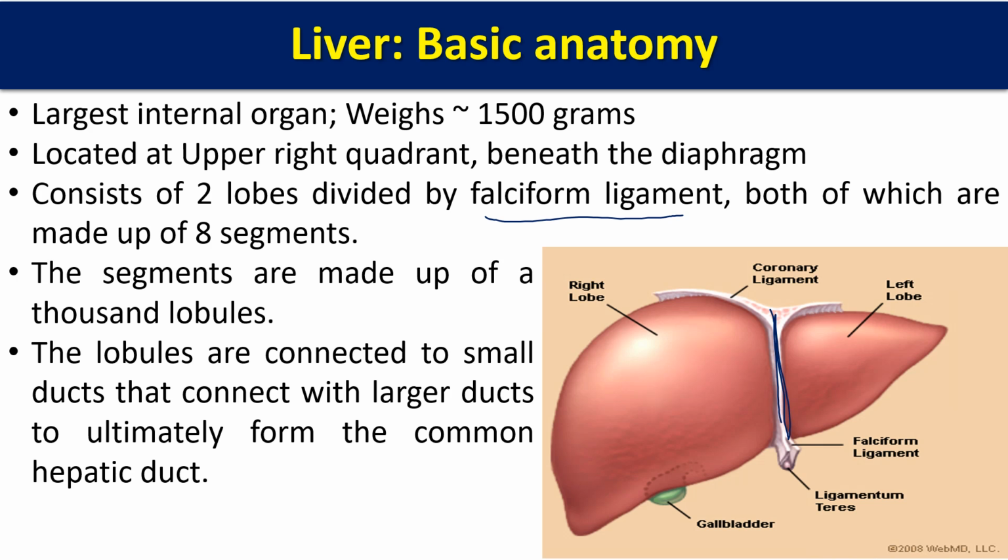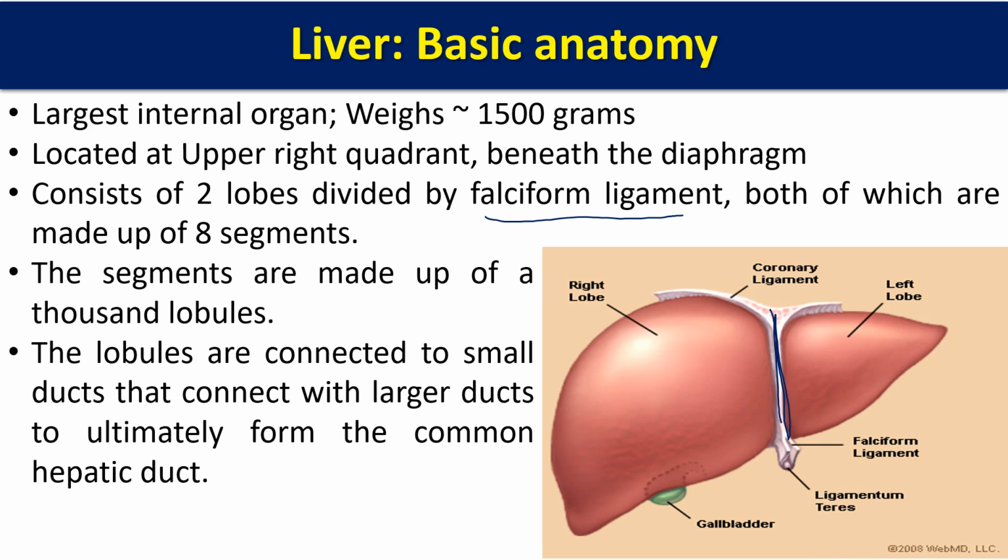Now, these segments are made up of normally thousands of lobules. We will see what the lobules are and what the basic structure of a lobule is. So there are 8 different segments in the left lobe and 8 different segments in the right lobe, and all those lobes will have different lobules. Like in the case of lungs, we have alveoli, similarly here we have lobes and lobules.